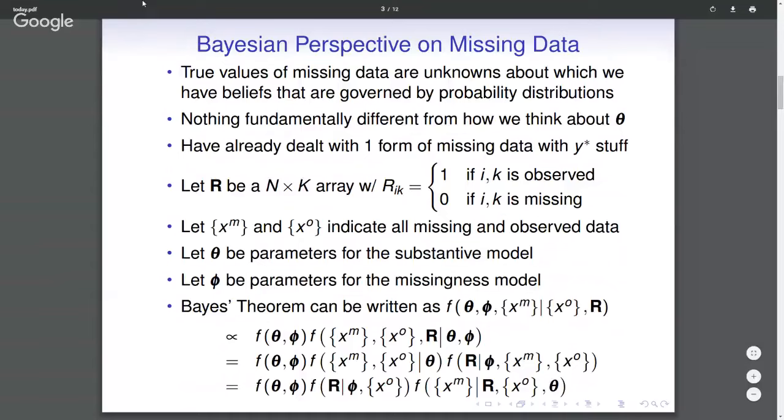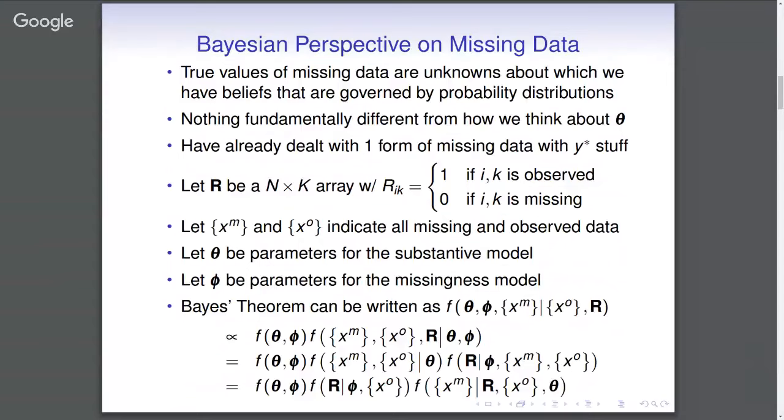So then let's let X superscript M stand for the true values of the missing data, and X superscript O stand for the collection of all the values of observed data on these K variables. And one thing that I think helps, but is maybe a little bit contrary to the way people usually think about this, is that we're thinking about these structures and equations as existing before the data are collected.